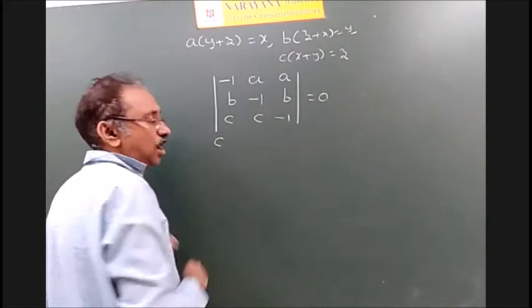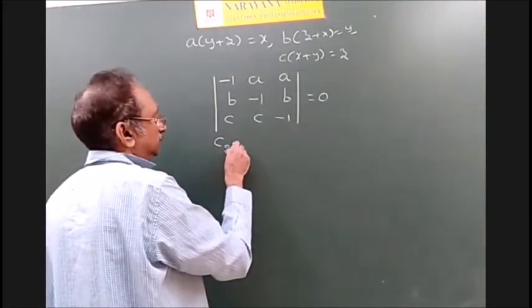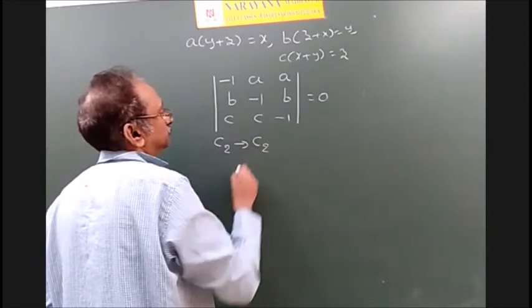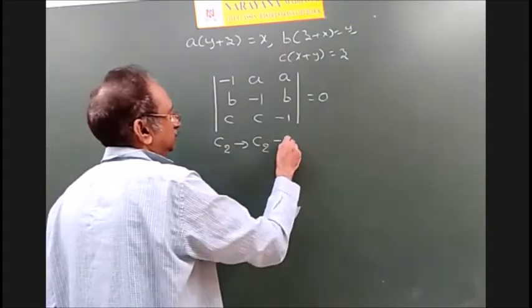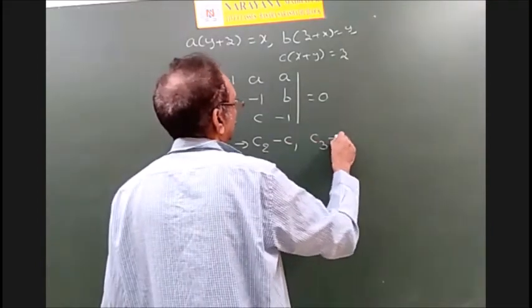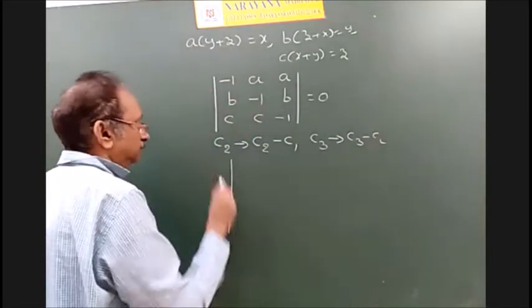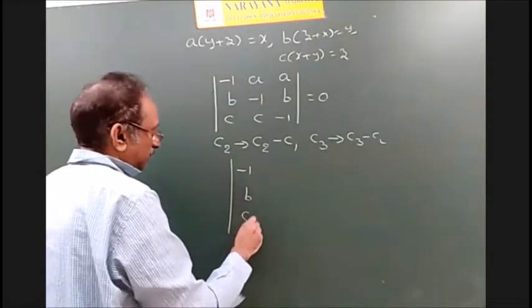And I am using operations to simplify the determinant. See, C2 implies C2 minus C1 and C3 implies C3 minus C2. And the first column does not change.